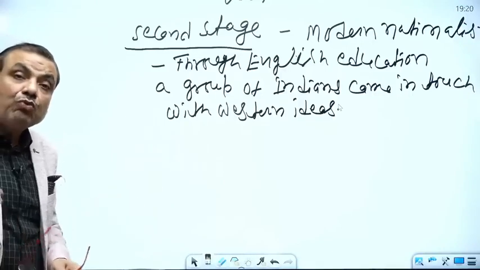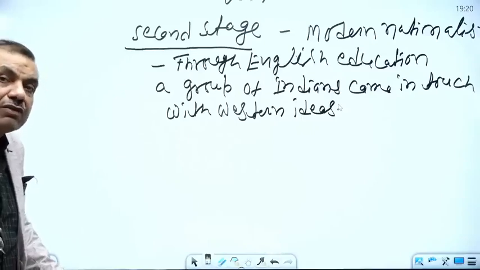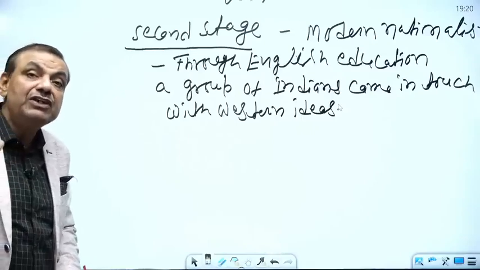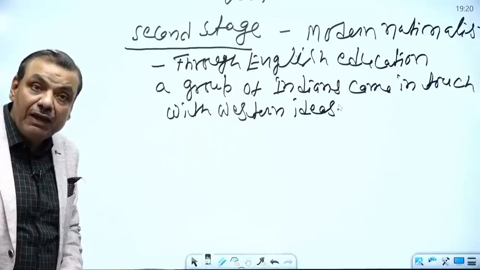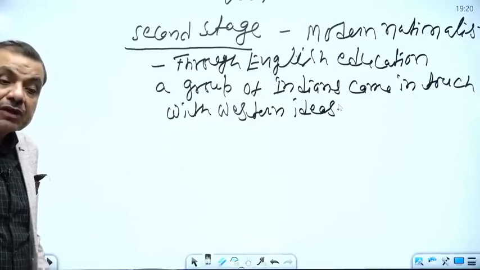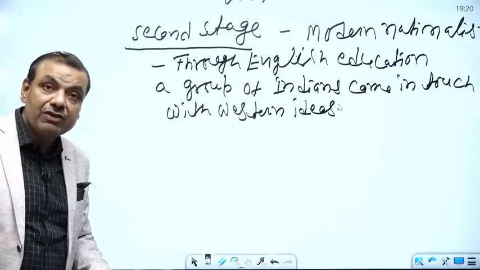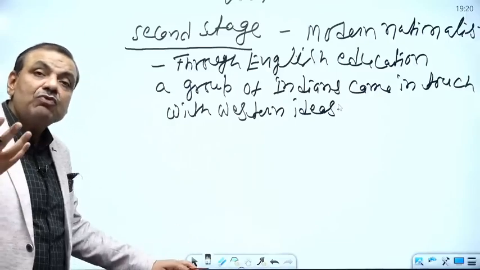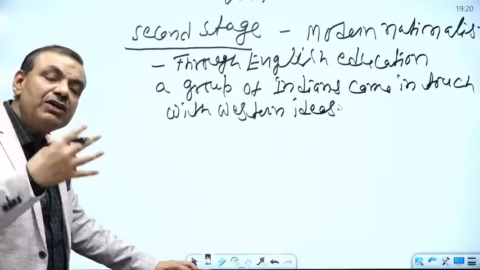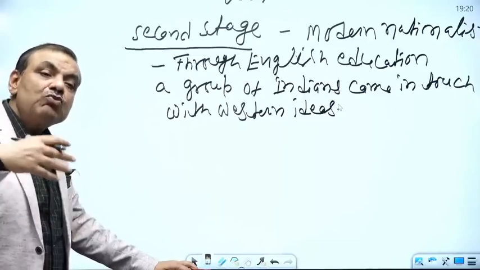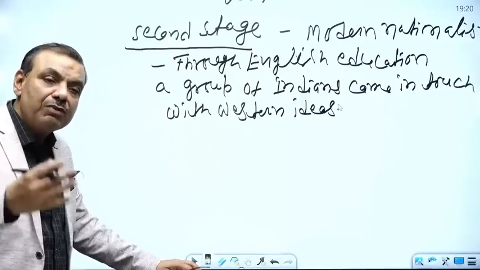So it is through Western ideas they came in touch with the masterminds of the world at that time. The European thinkers like Jean-Jacques Rousseau, American thinkers like Thomas Paine, then Montesquieu, the French thinker. They were widely impressed with the Western ideas and the ideas of liberty, equality and fraternity. So it worked as a catalyst behind the rise of modern nationalism in India.